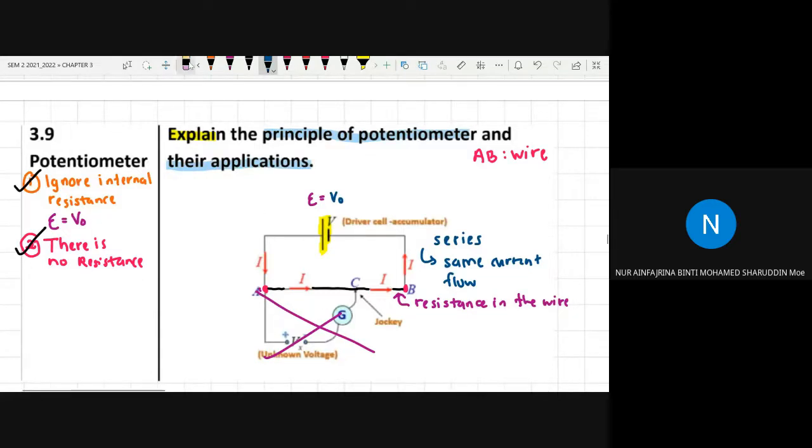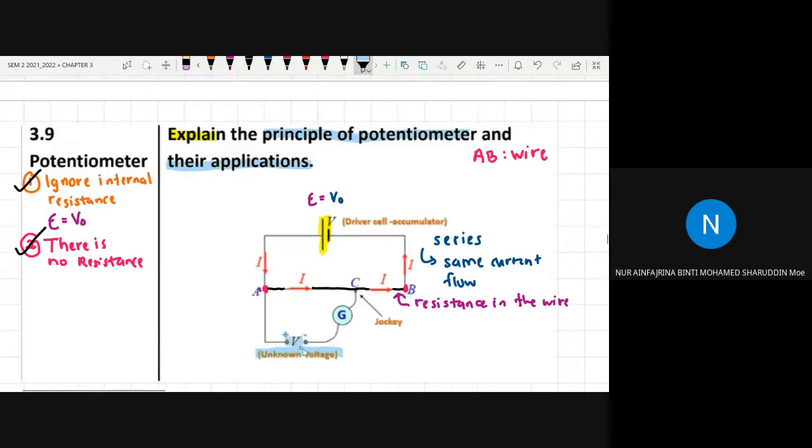Okay, so Miss just susun, Miss punya circuit is ada driver cell accumulator, ada wire and also connecting wire. Then Miss sekarang akan ada lagi satu. We have the unknown voltage. Okay, unknown voltage. So unknown voltage ni memang Miss tak tahulah. Dia memang unknown, nama dia pun.